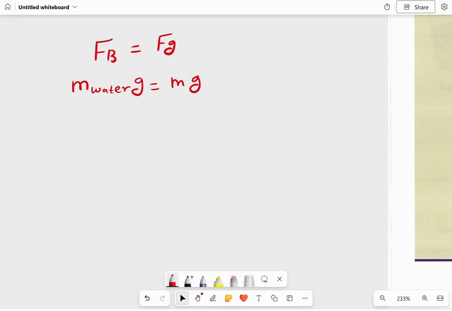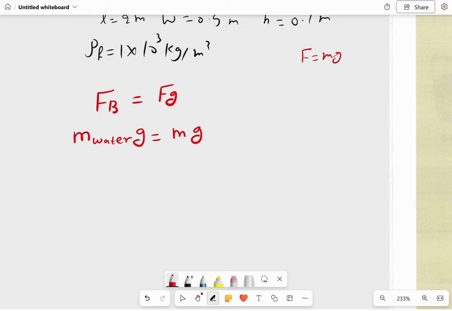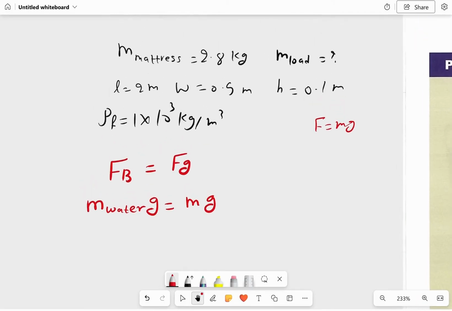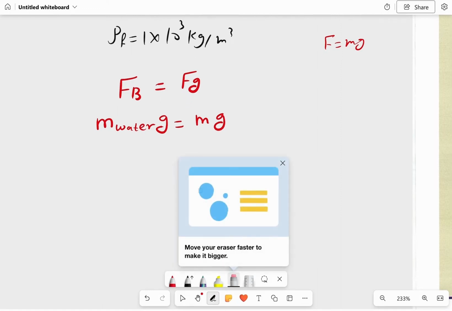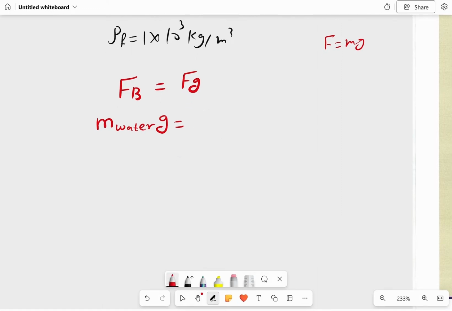Now, guys, look. For the weight of the object, we have two masses. M is mass. You have two masses, guys: mass of the mattress and mass of the load. Let's write M of the mattress, MM, plus M of the load, ML, then all multiplied by gravitational acceleration.